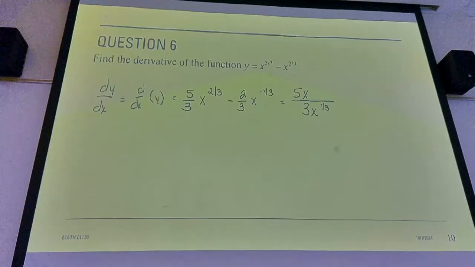When you factor out, you're dividing. Right, so x to the 2/3 divided by x to the minus 1/3, which is essentially what you said. So I'll write it that way.